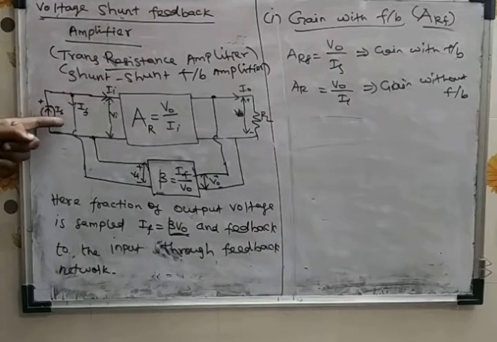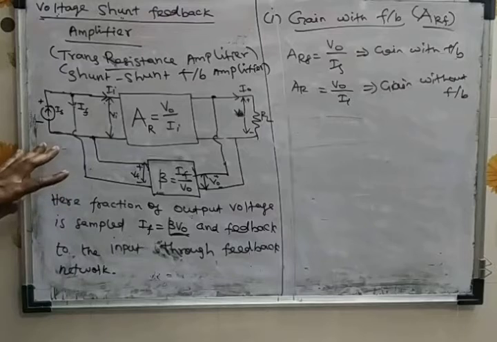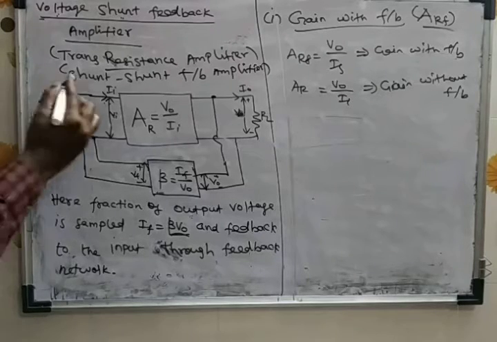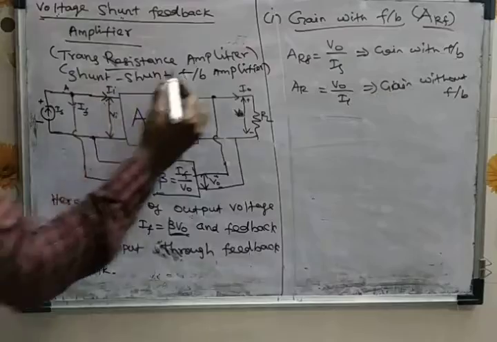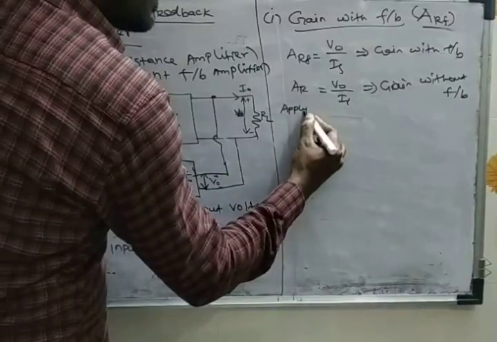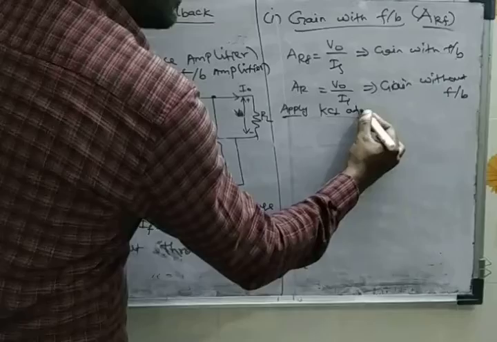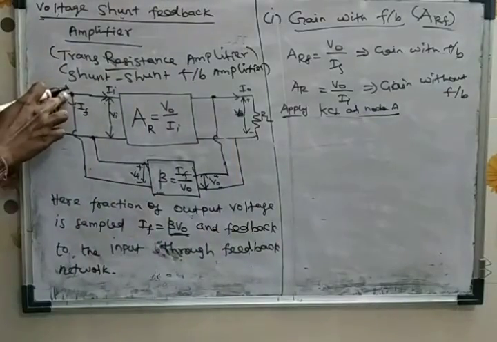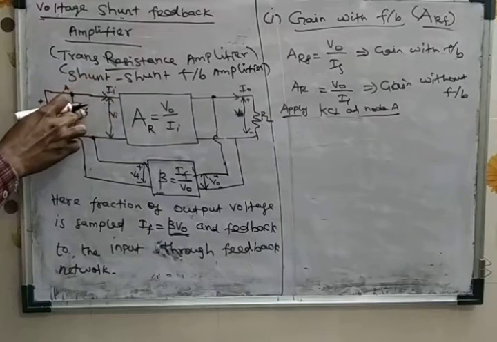Whenever you are using shunt mixing, that is current mixing, use Kirchhoff's current law. In the previous voltage series feedback amplifier, with series type of mixing or voltage mixing, you used Kirchhoff's voltage law. Here you have to use Kirchhoff's current law. So this is node A. Apply Kirchhoff's current law at node A. Here the incoming current is IS and the outgoing currents are IA and IF.